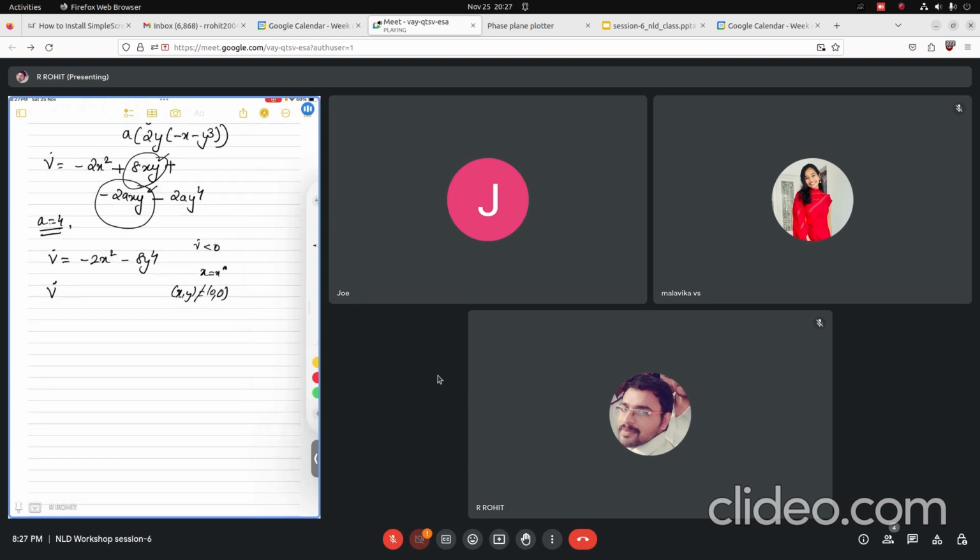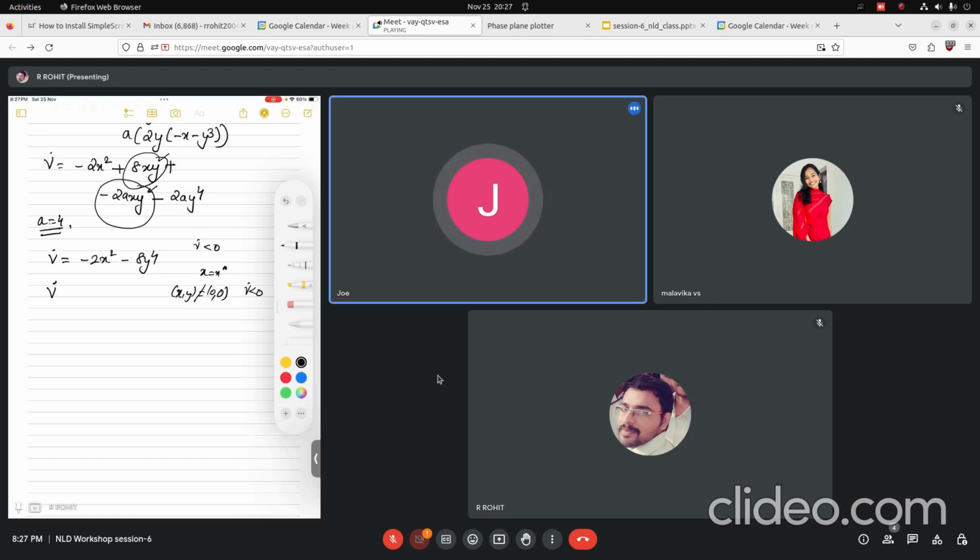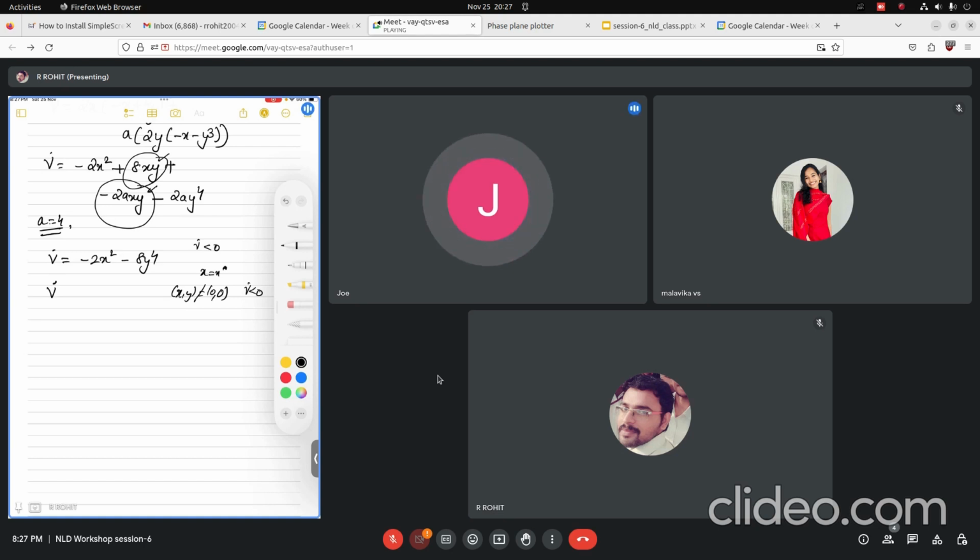Apart from this fixed point, if v dot is less than 0, then we can say there is a Lyapunov function existing for the system, which says that you can't have any closed orbit. That was our main question.